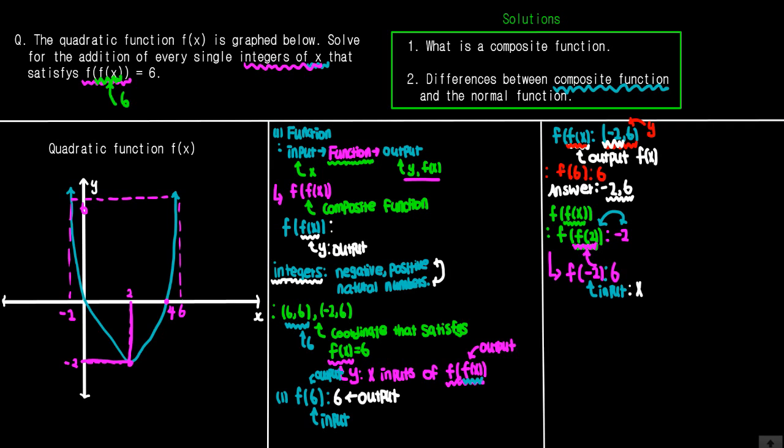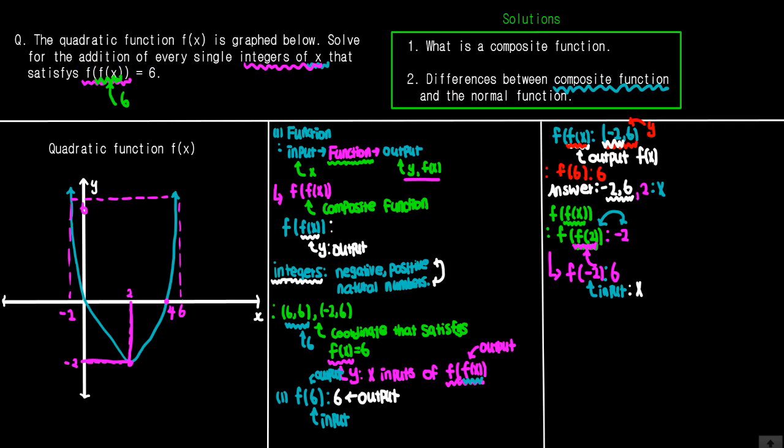So our total answer is going to be negative 2 and 6 and then 2. So these are all the x values that satisfy our composite function. But for our question, they told us to find the addition of every single integer of x.